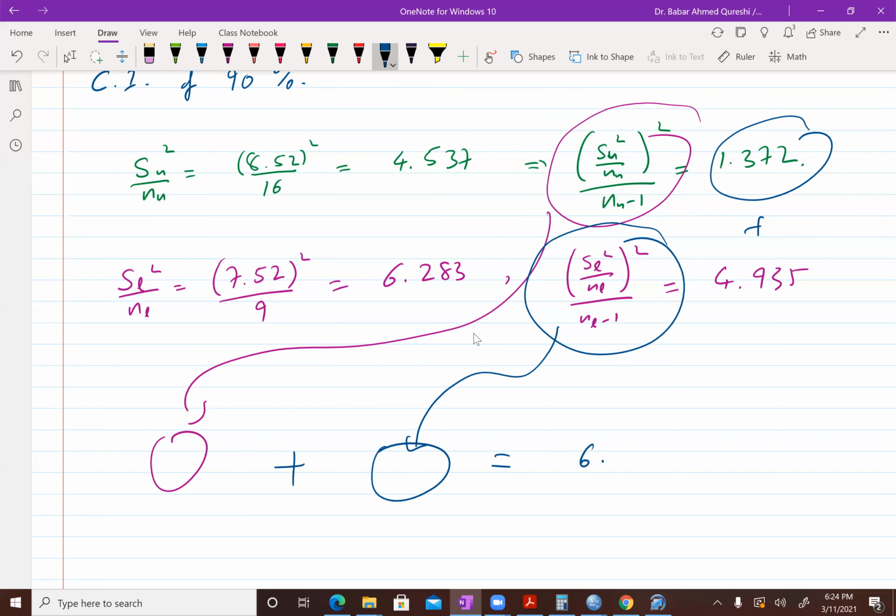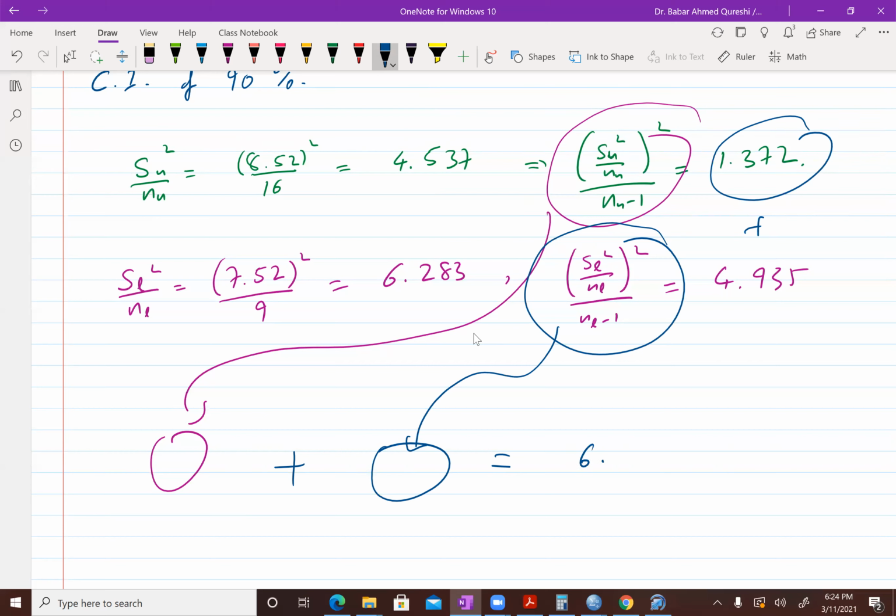And in the numerator, I had just these two numbers added and squared. So I am computing the square. So this gives me this value for the nu. So I have to make it an integer. I can just take it to be 19.